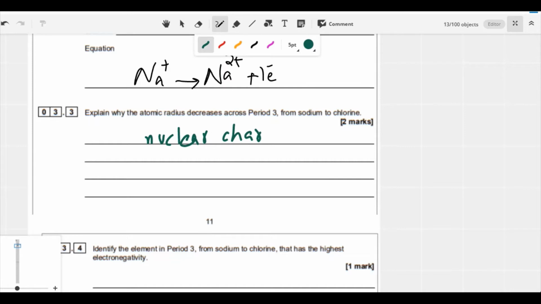Nuclear charge increases, that is the first reason. And the second one is that electrons are added to the same shell.